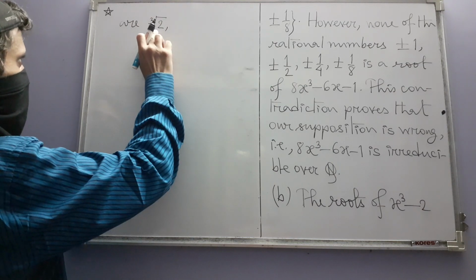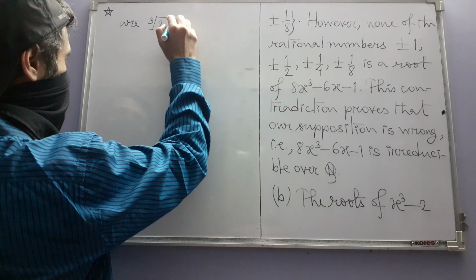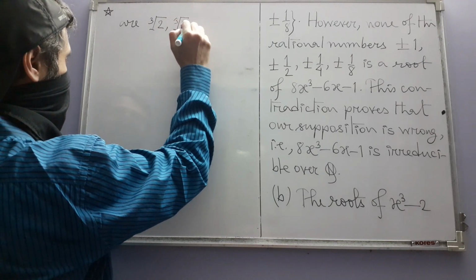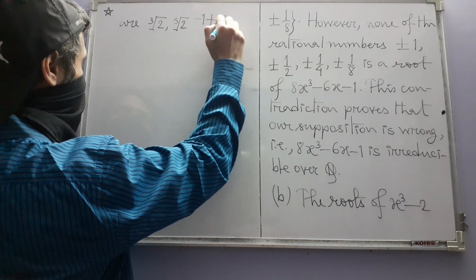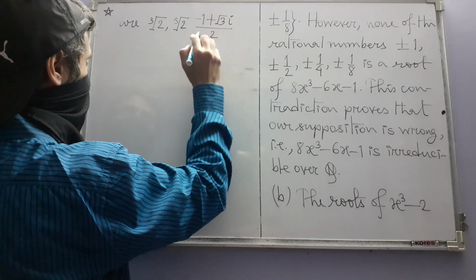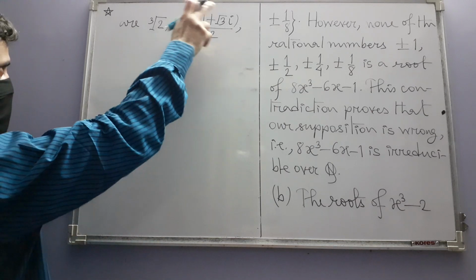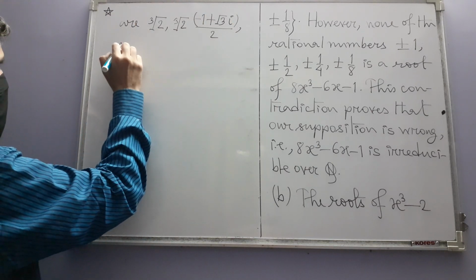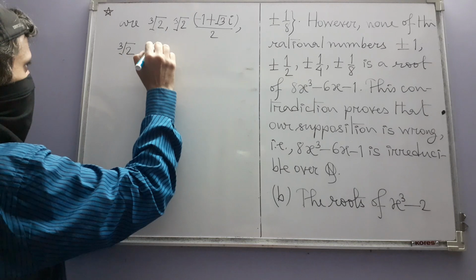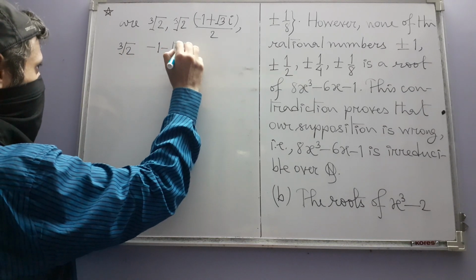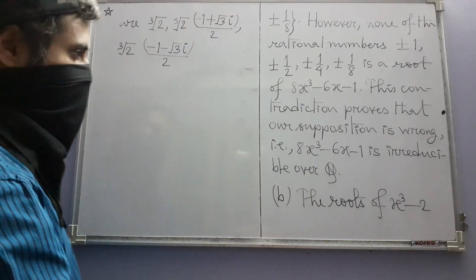cube root of 2, and this is the real cube root of 2, which exists, of course. It's a fact from real analysis. And then you multiply this with one of the two complex non-real cube roots of unity, and the other one then is this. So these things are your omega and omega square.